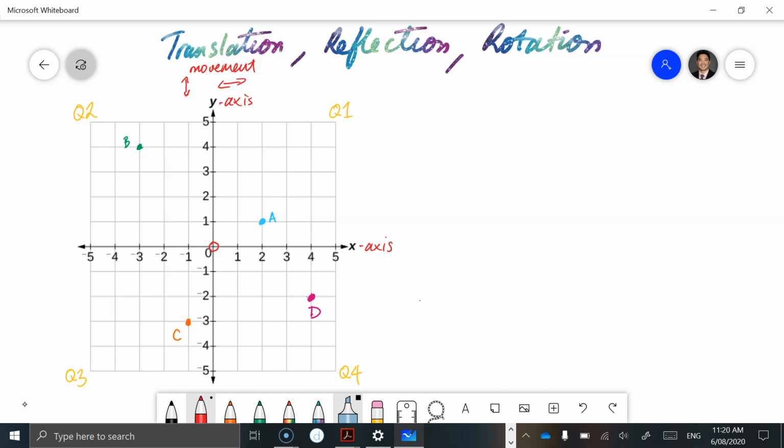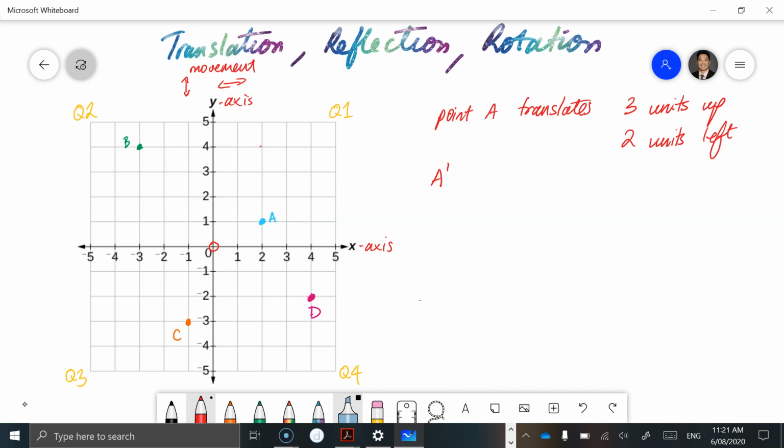So let's say point A translates 3 units up and 2 units left, where is the next point? So here we have A, and we're going to move it 3 units up. So we got 1, 2, 3.